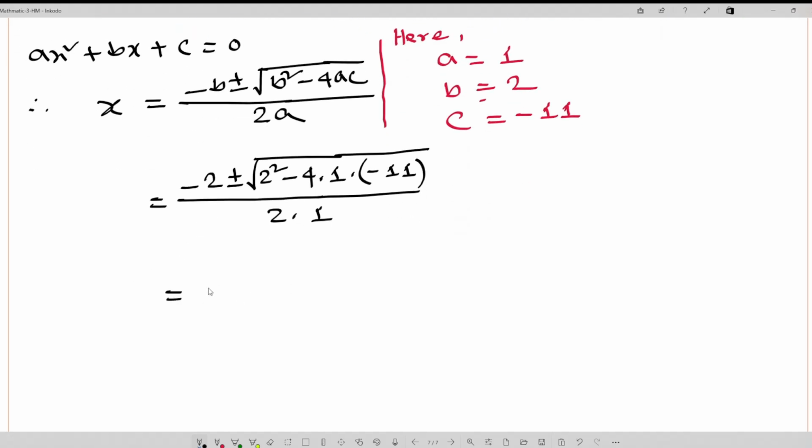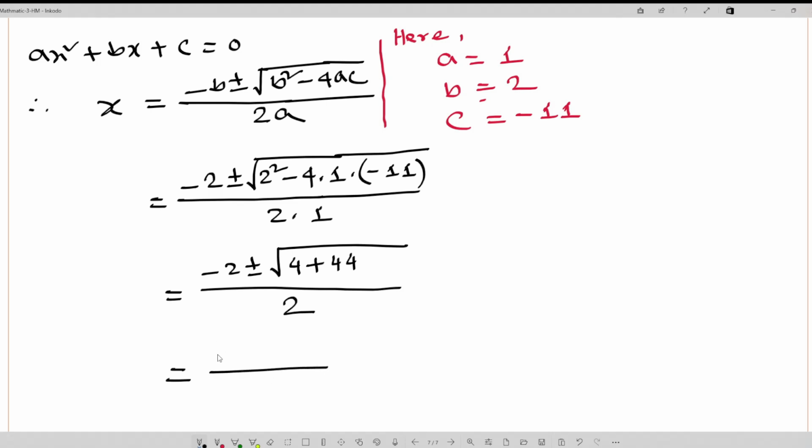Now next, minus 2 plus or minus root over 2 square means 4. Here minus and minus will become plus, and 44. Why? Because 11 times 4 means 44, and here is 2. So we get minus 2 plus or minus root over 48, divided by 2.